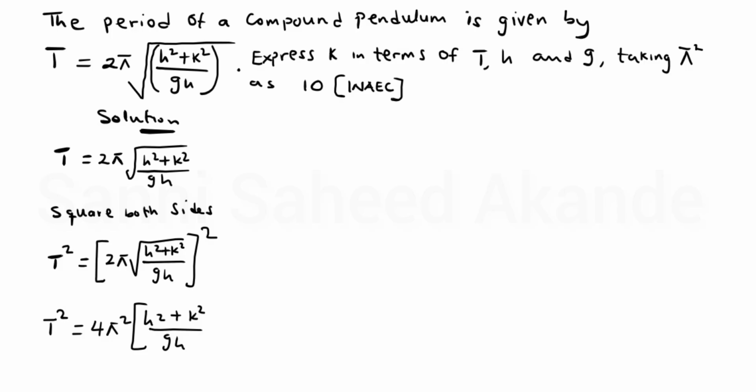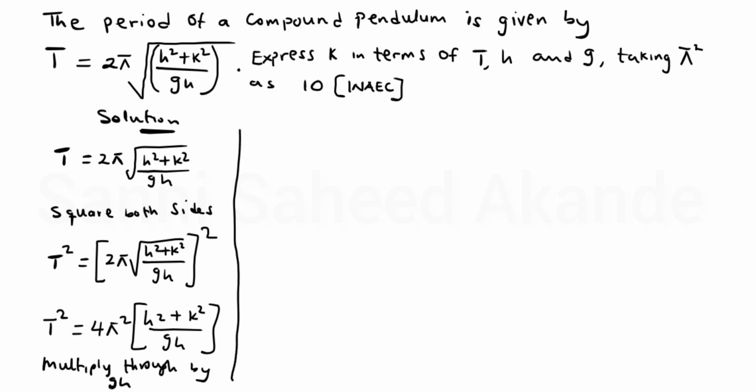Is that understood? All right, so now let's continue. Let's multiply through by gh so that we can clear this fraction inside the bracket. Okay, so let me write it here. Multiply through by gh. So I'm going to have gh multiplied by t squared, equal to gh times 4 pi squared then h squared plus k squared divided by gh.